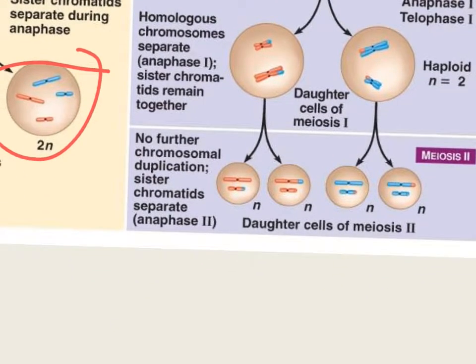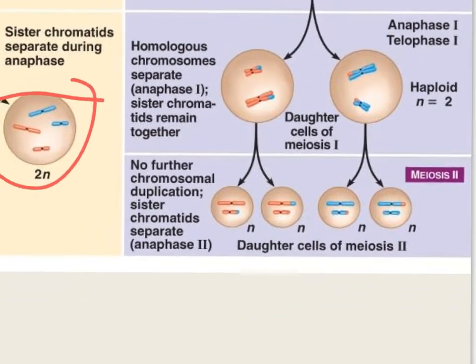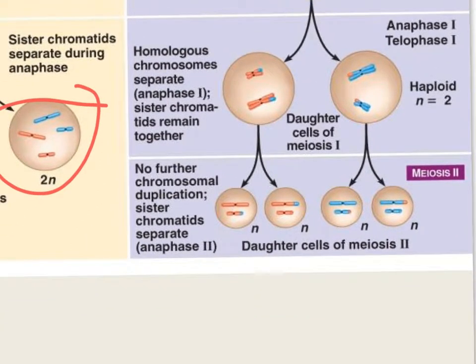And then you do the same thing again. We'll get into this more explicitly, where there's no more chromosomal duplication, but the sister chromatids separate individually, and you end up with 4 gametes.